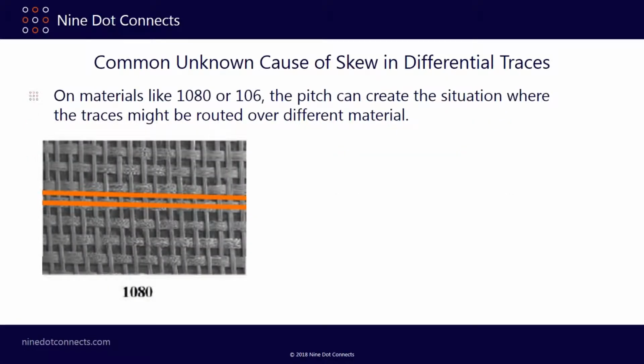But if we take an example on this 1080 material and I were to put a pair of differential lines on this material, and this is, relatively speaking, a real-time example of real widths, you can notice that one trace could be over predominantly glass, and the other trace could be over predominantly resin.